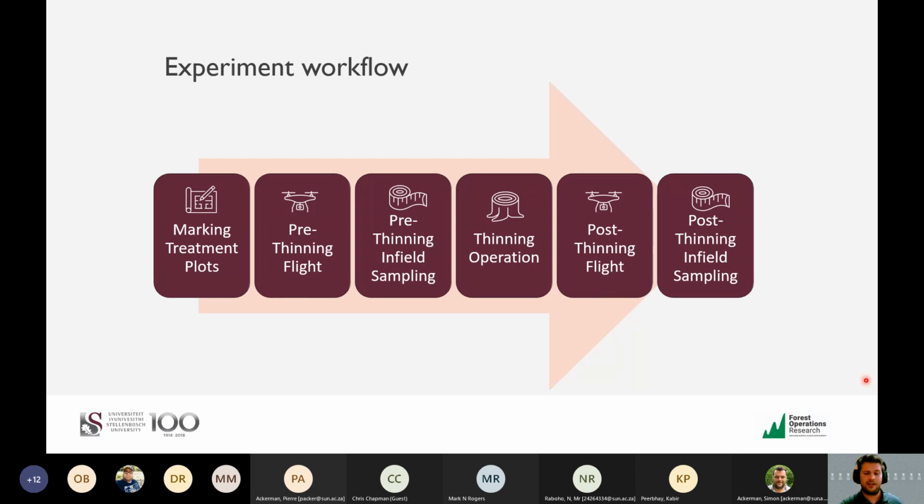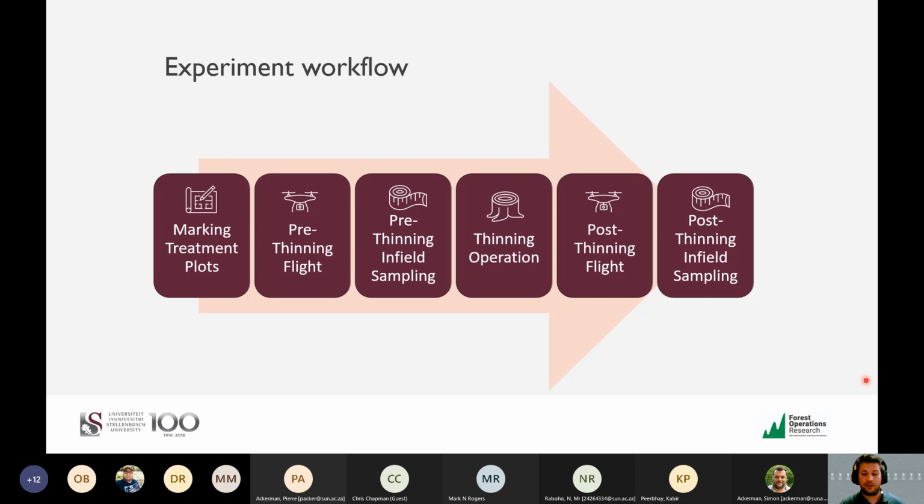Next, the pre-thinning infield data capture was done by taking a 10% random sample in each respective plot. In these 10% samples, the heights of 7% of the trees were collected, as well as the diameters of all the trees and the number of trees in these 10% samples.